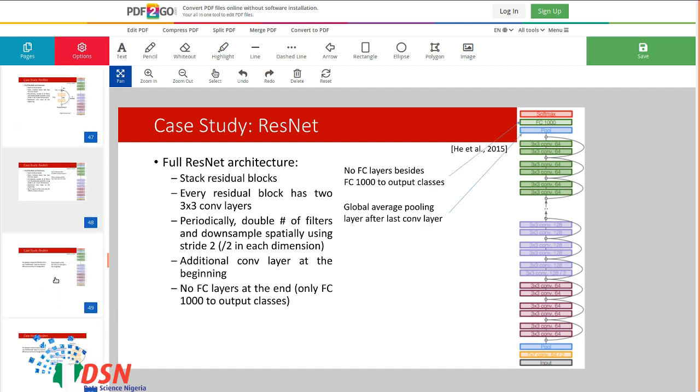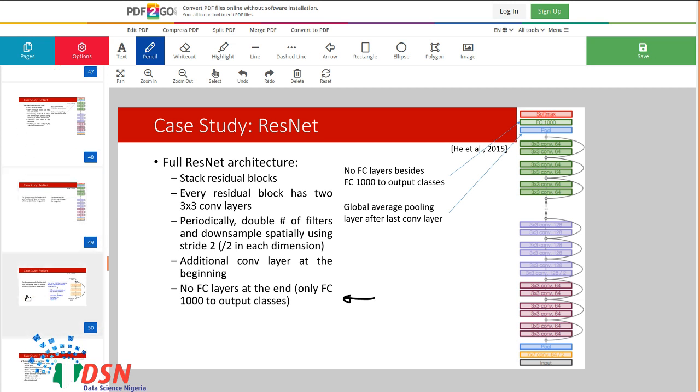Okay, so in ResNet also, in fact, we don't have extra fully connected layers.